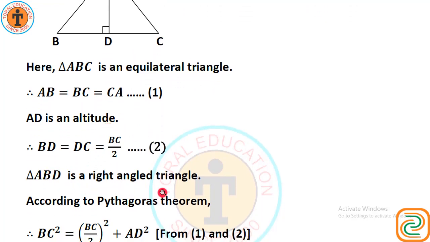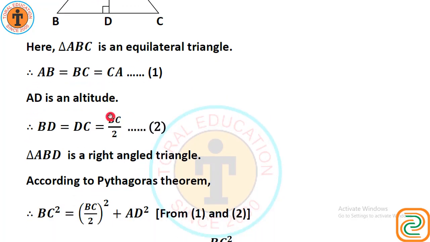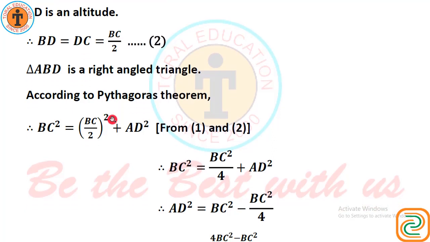Now ABD is a right angle triangle because this one is altitude. Take Pythagoras. AB square, which equals BC square, equals BC upon 2 whole square plus AD square, because BD equals BC upon 2. So BC square equals BC square upon 4 plus AD square.